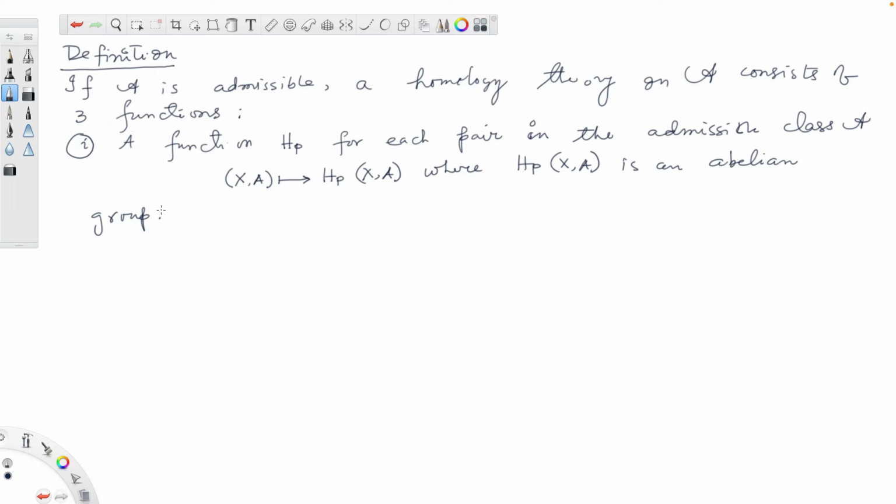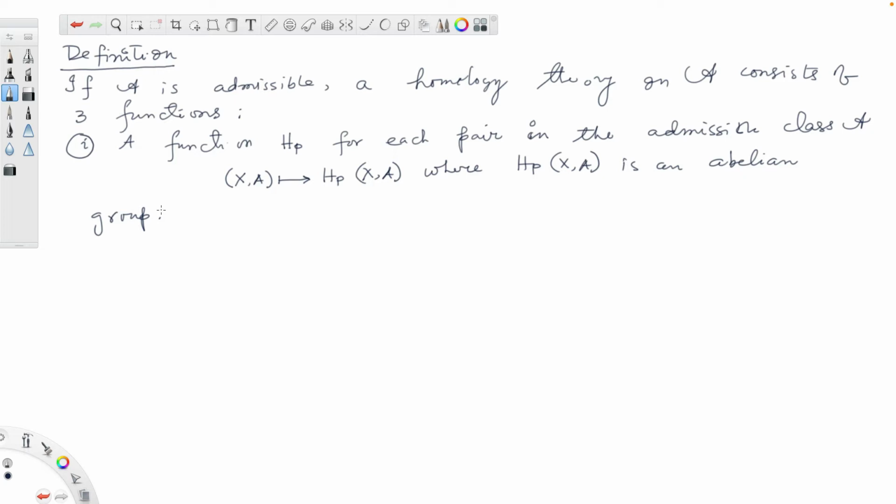But first of all, here we are introducing the functor between two categories. On one hand, I have the category of admissible pairs, and on the other hand, I have the category of abelian groups. In the category of admissible pairs, there are certain morphisms that I'll define in the second part of this definition. And on the other side, I have the morphisms to be group homomorphisms between abelian groups.